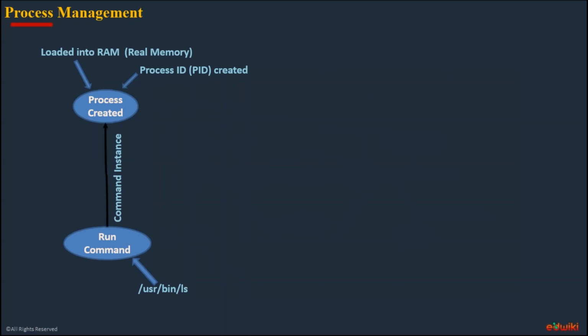So when the command is loaded into the real memory, the process is created, and the process name will be the same as your command name, correct? This is just a terminology change. When I say command, that is available at your absolute path, which is your binary file where the script is located. When that command is loaded into the real memory, the terminology is process. When the ls command is executed, the ls process is created.